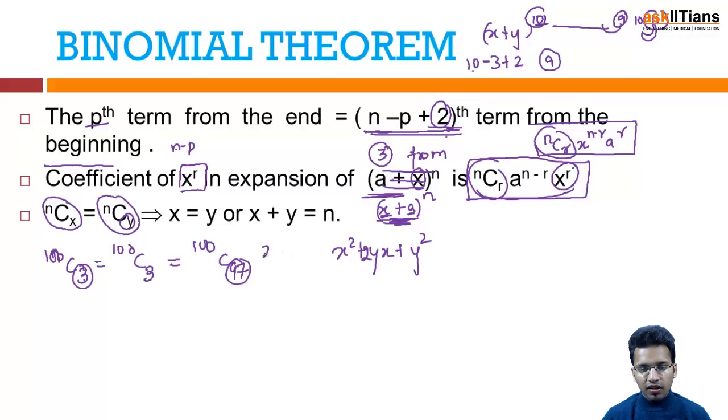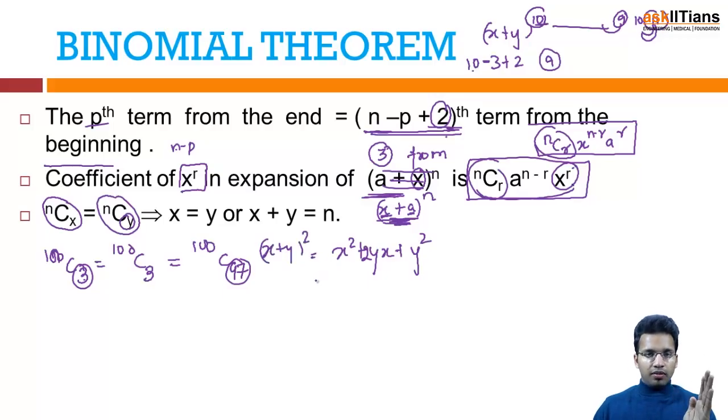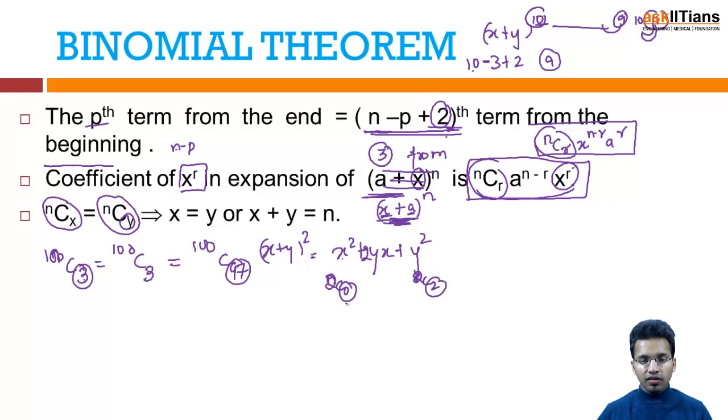Looking from this expansion again, I said there is a pattern that the beginning and the last one are the same. So the pattern has to be followed, and again, as I said, from the beginning and end it will be the same. So this was NC0, this was NC2, basically 2C0, 2C2. So as you can see, either the sum has to be the same or the coefficients. If it's the same, then obviously there is no confusion about that. So you need to keep this property also in mind while doing the questions.